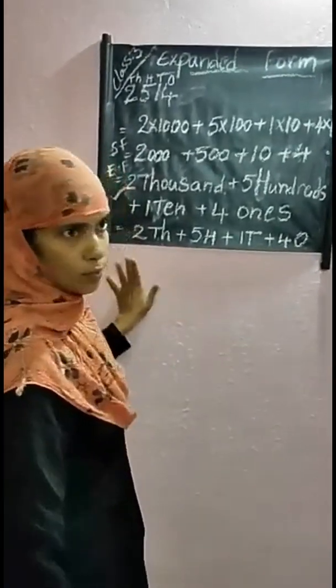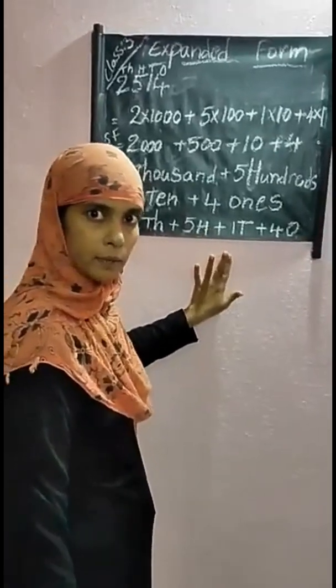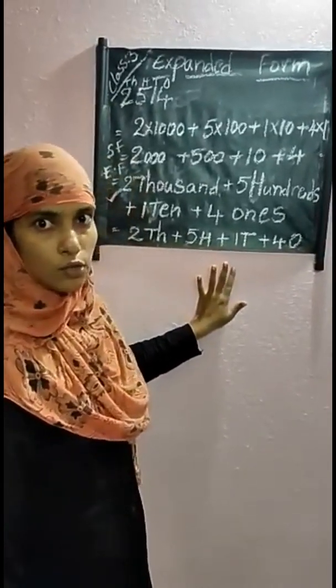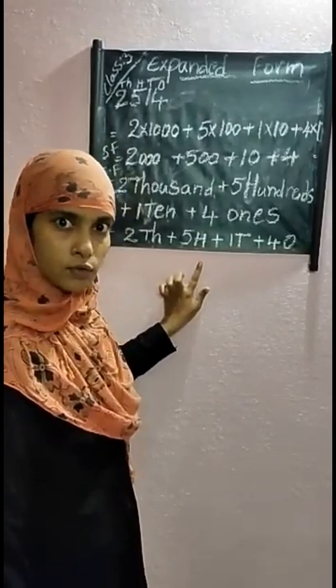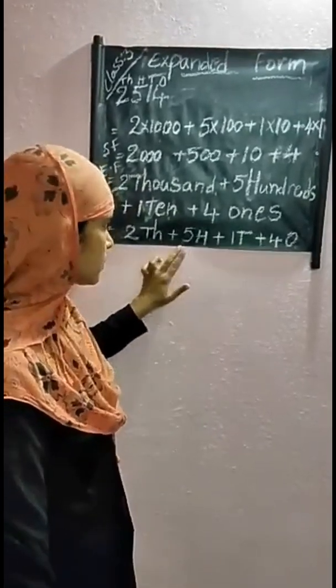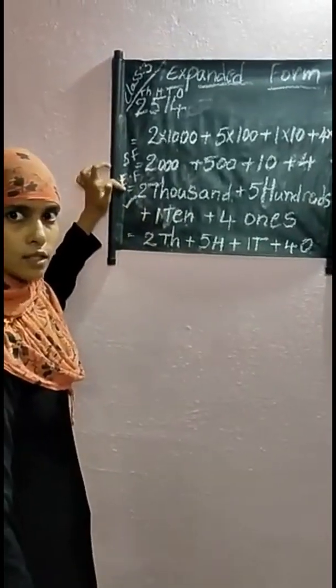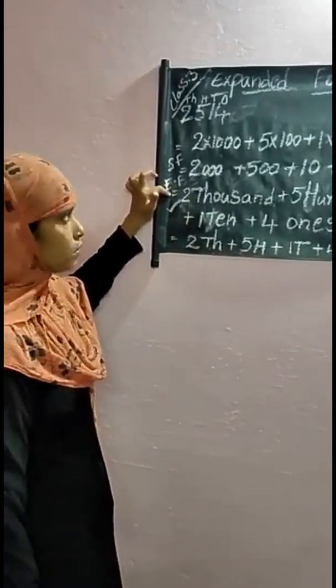This is one more way of writing expanded form. It is only for blanks purpose. If it is given in the questions, you should not write this one. In the blanks only this method is used. When you come to the question and answers, this other method we have to use.